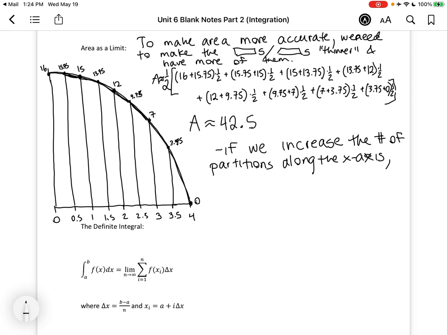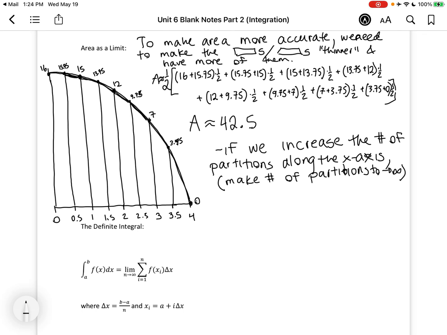So we essentially want the number of partitions to approach infinity. Okay?